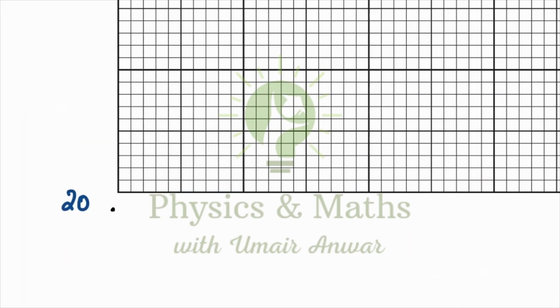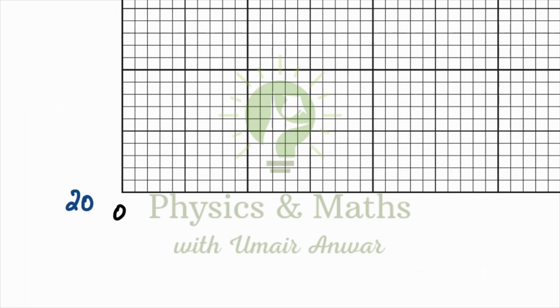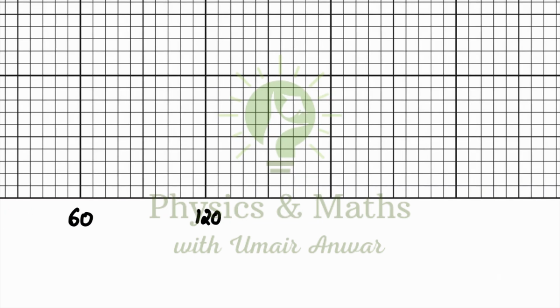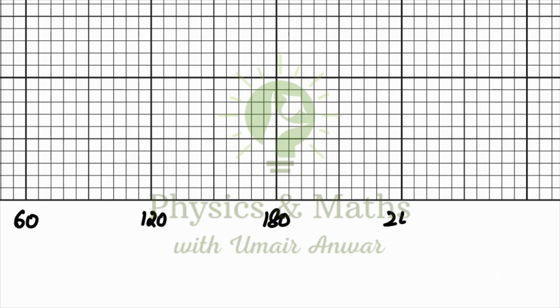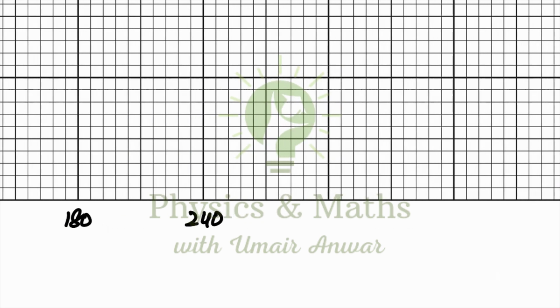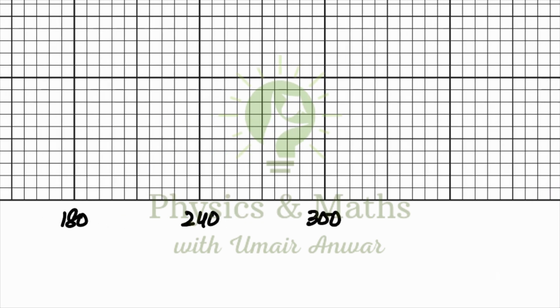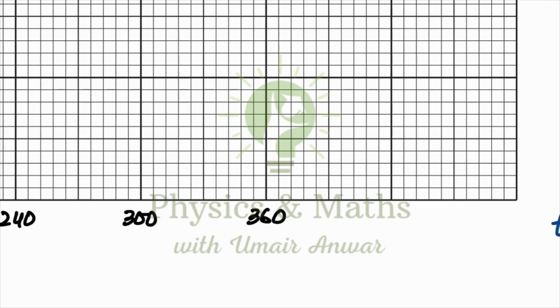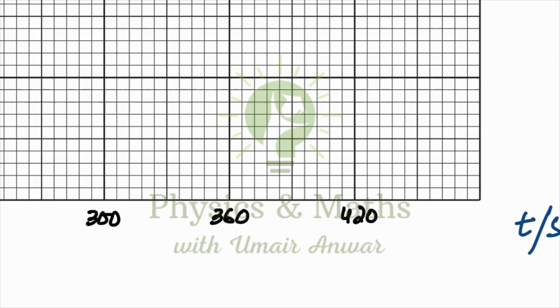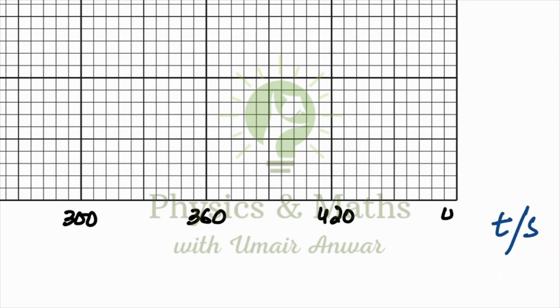So we start with the value of 0 over here, then we have 60, 120, 180, 240, 300, 360 and 420.